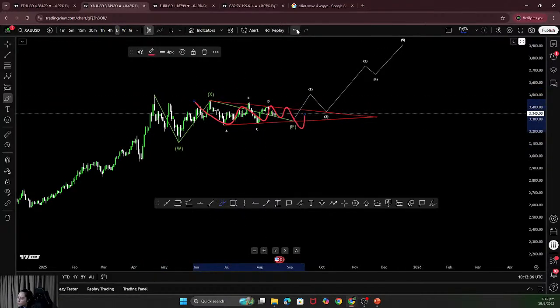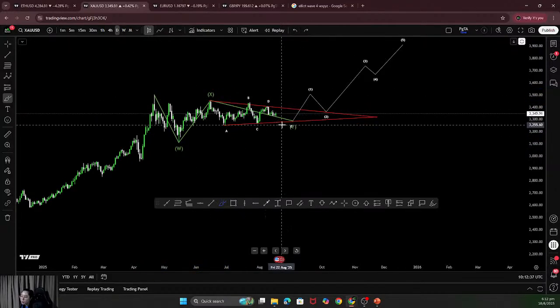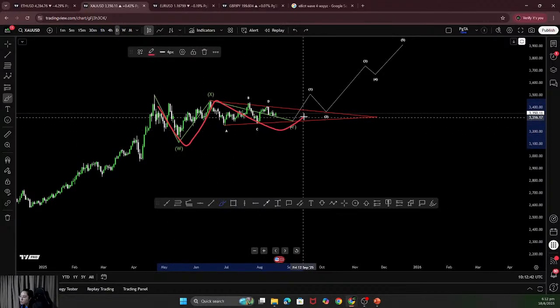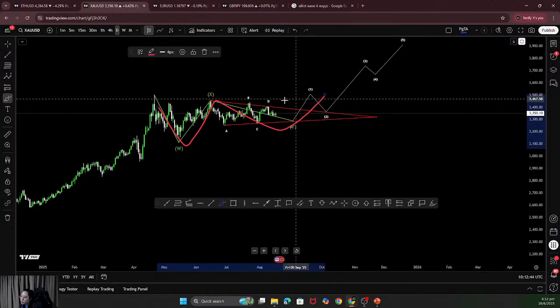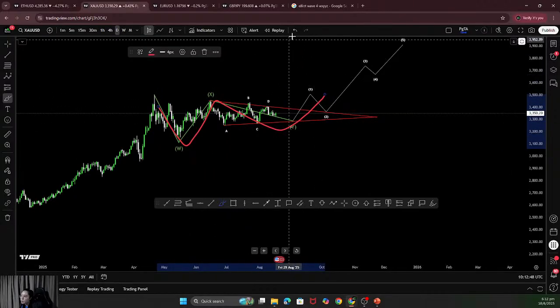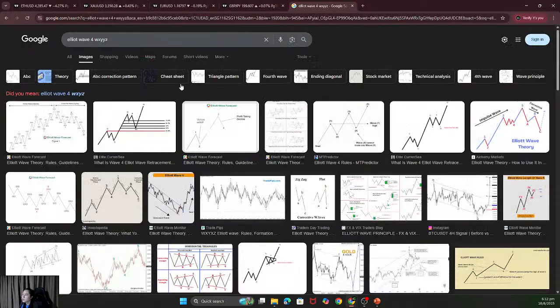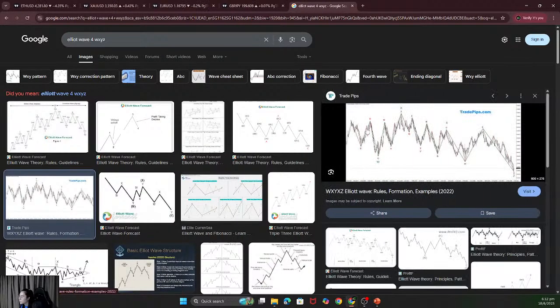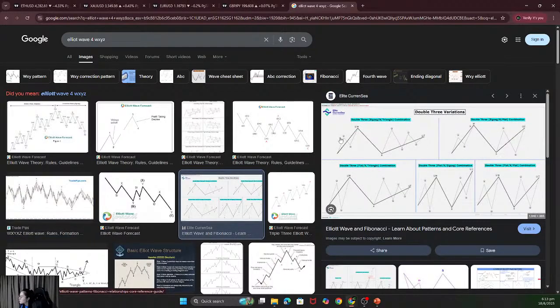If this ABCDE does not work out, it might end up doing a WXYZ. Let me see what the WXYZ looks like. WXYZ can look like WXY and then Z, and then just keeps continuing. These are the variations.